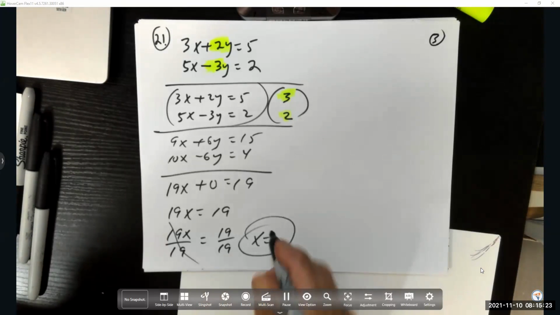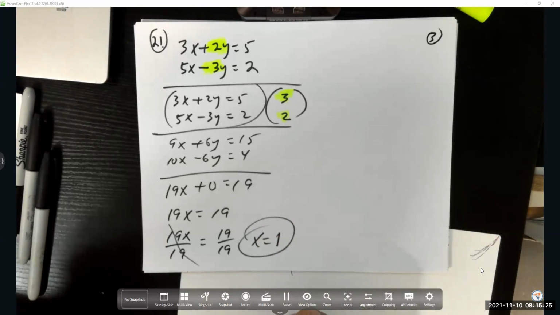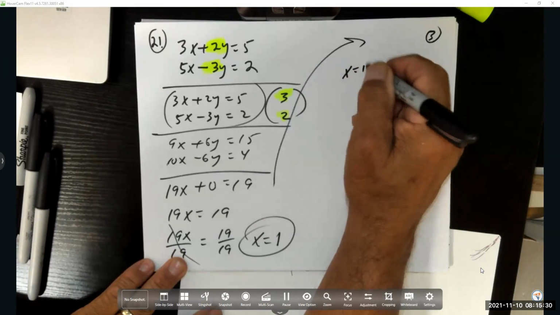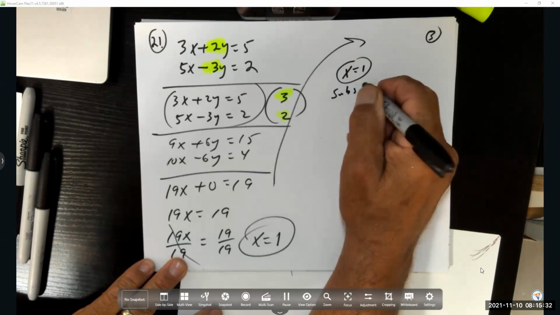One. Is that right? So now I know one answer is 1, right? X equals 1. I'm going to substitute this number back in here.